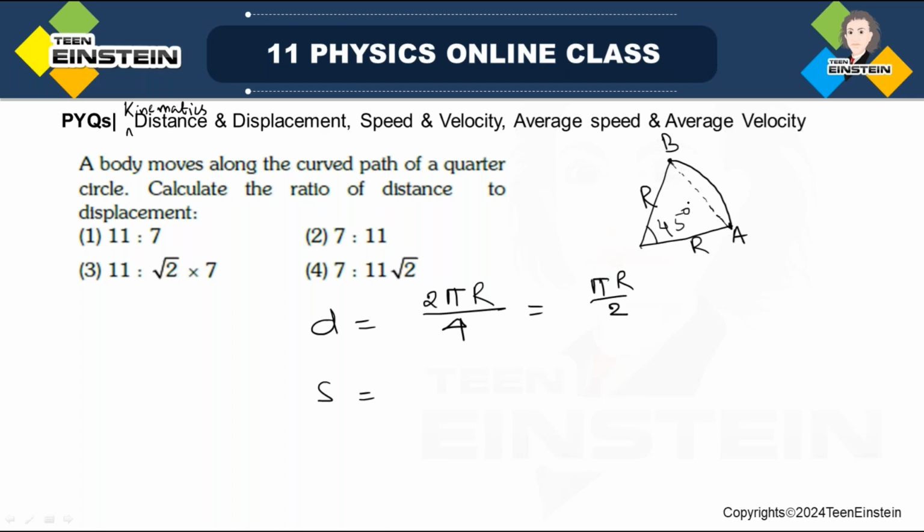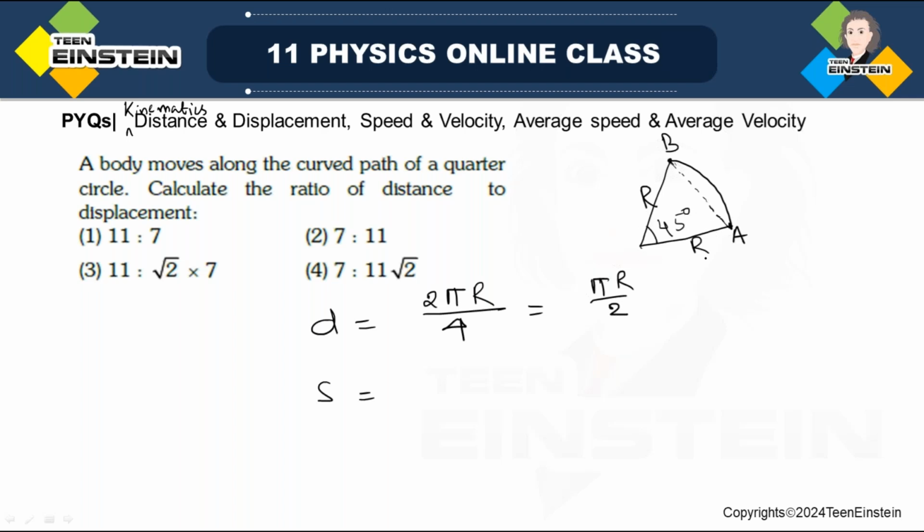What about the displacement? This straight line AB will be the displacement. We have to find the length of that AB path. How do we find AB? We know this is becoming a right angle triangle, if I draw it perpendicular.